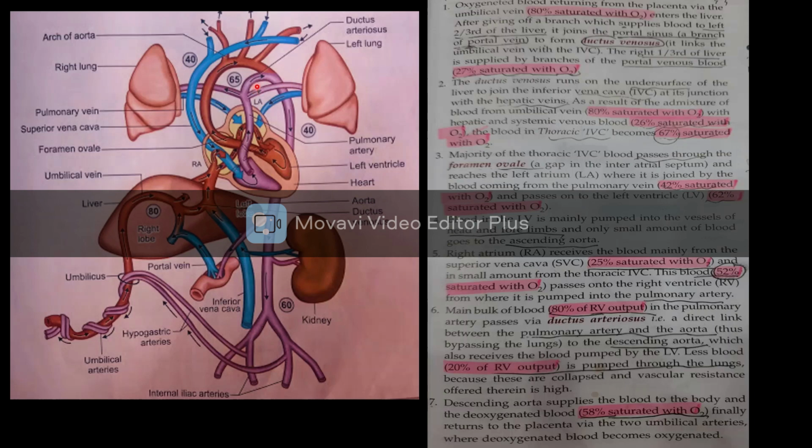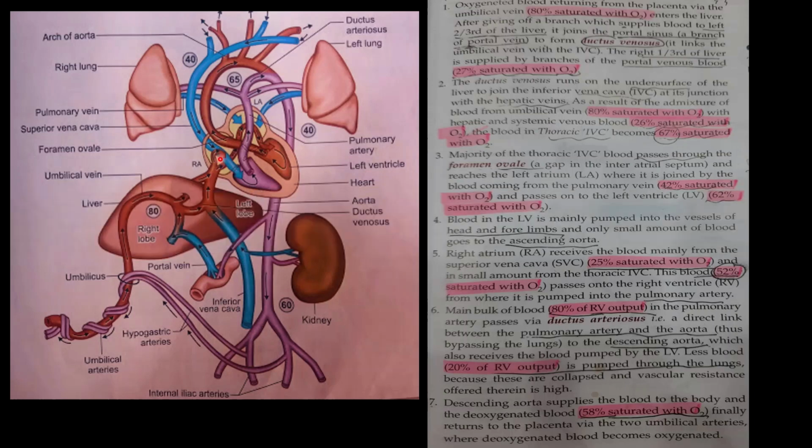This is the third shunt present in the fetus. The second shunt was the foramen ovale, and the first shunt was the ductus venosus.